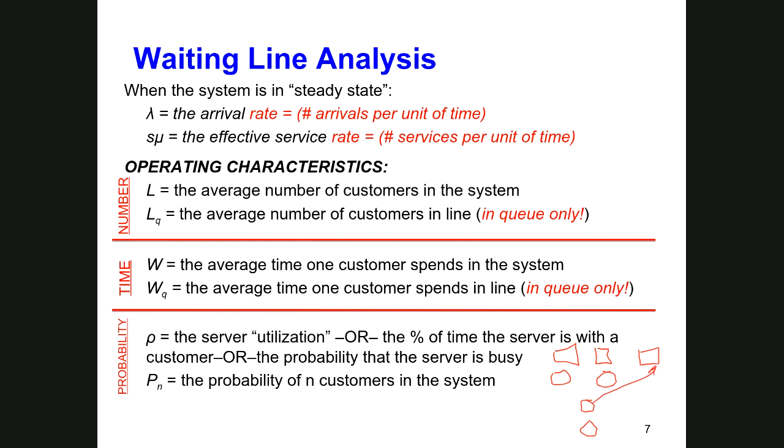So this is the case where there are 3 being served, 1, 2, 3, and there's only 1 in our waiting line at that point. Okay, hopefully that makes sense.